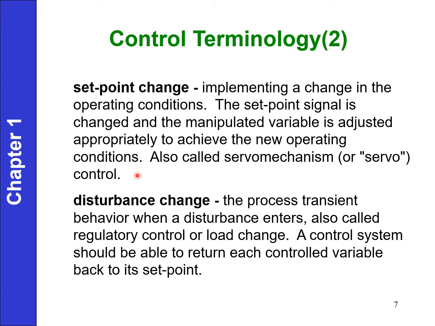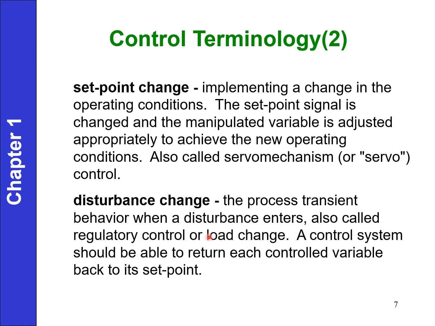Another terminology is disturbance change. In other words, how your process will come to steady state after we introduce disturbance variables to the process. Disturbance change is the process transient behavior when a disturbance enters, also called regulatory control or load change.